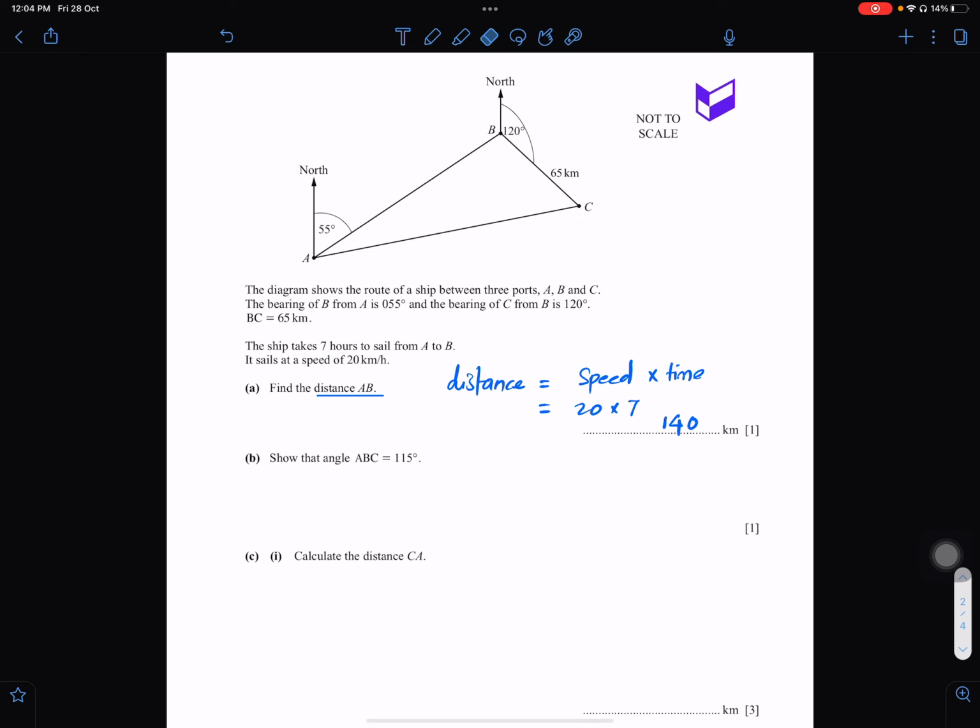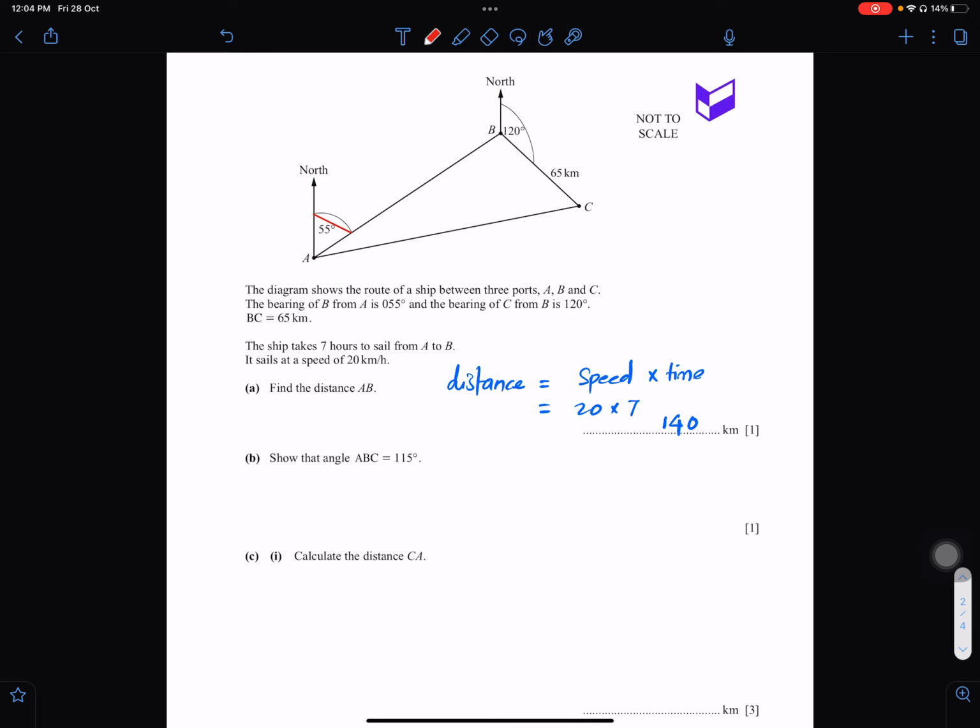That was fairly simple. Now show that the angle ABC is 115 degrees. This question is for 1 mark only, that is why there is no need to look for the sine rule or cosine rule. With simple parallel lines, you can show this. Since this angle is 55 degrees, this north line and this north line are parallel to each other.